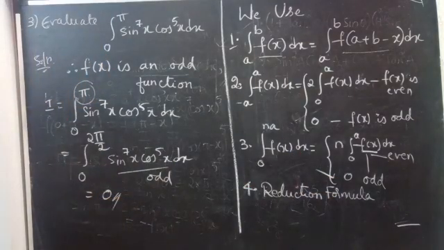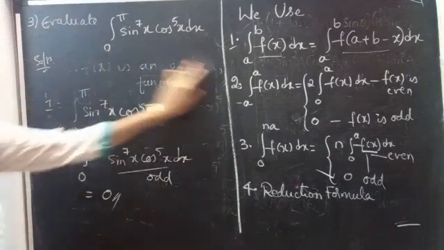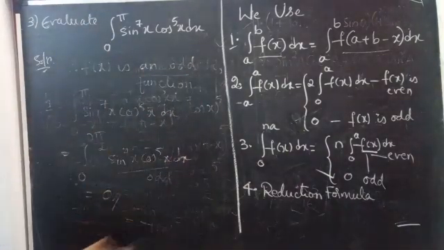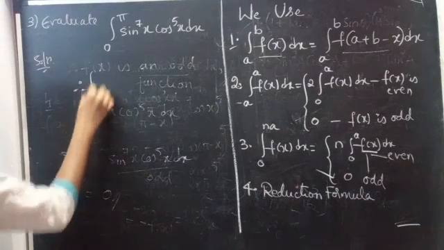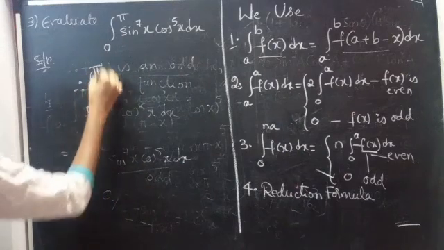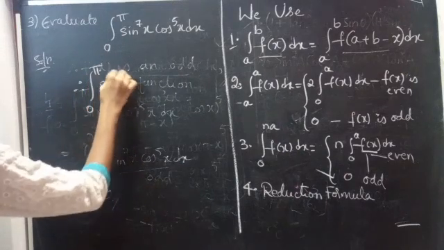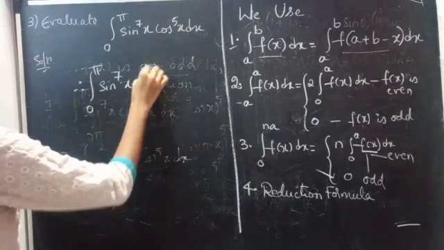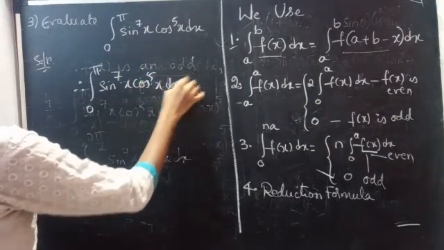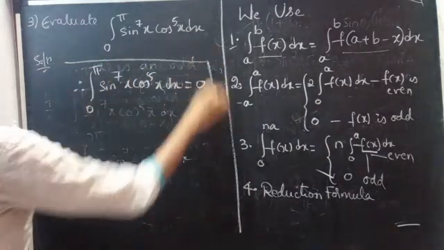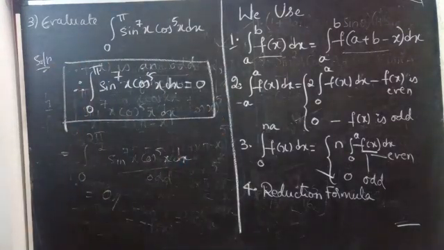Therefore, the integral from 0 to pi of sine power 7x into cos power 5x dx equals 0. So this completes the third problem.